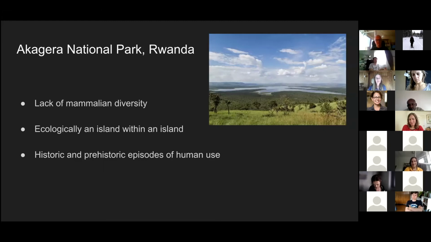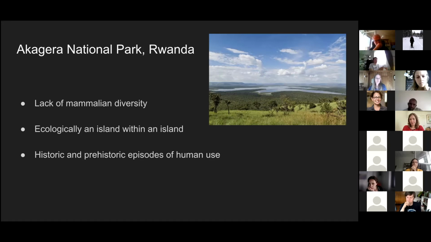Then, thousands of years ago, maybe longer, the areas surrounding Akagera became more mesic as part of the interlacustrine environment in East Africa, associated with all the Great Lakes. But Akagera itself and the areas around it retained this drier savanna characteristic.